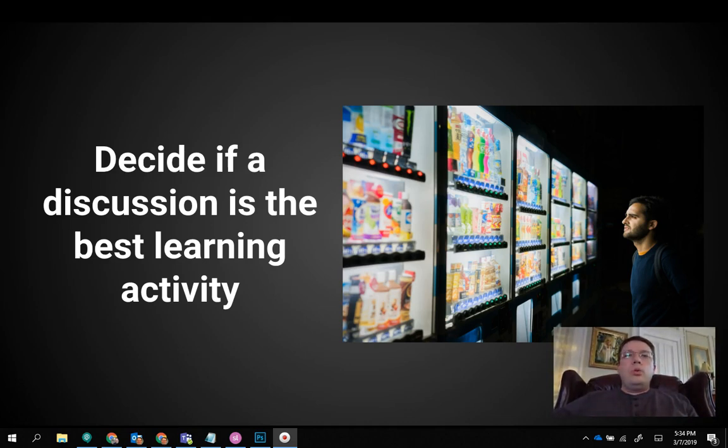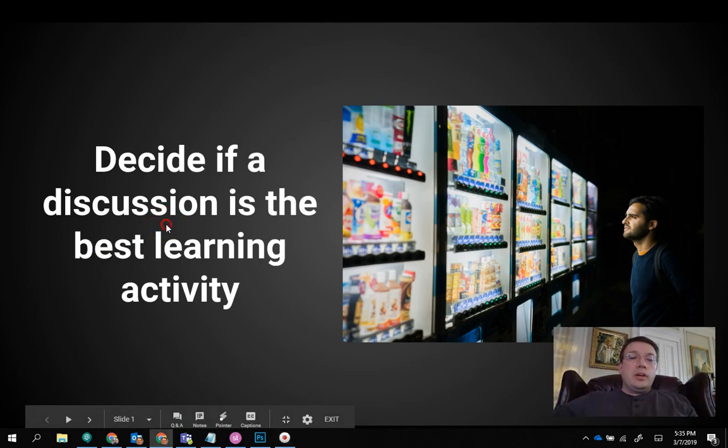Now, there was no correct answer because all of the theories were relevant. All of the theories had valid points. But we were able to provide our perspectives, we were able to give rationale, and we were able to build upon those ideas. That was a great example of an activity in which a discussion was a very suitable option. So that's one thing to consider.